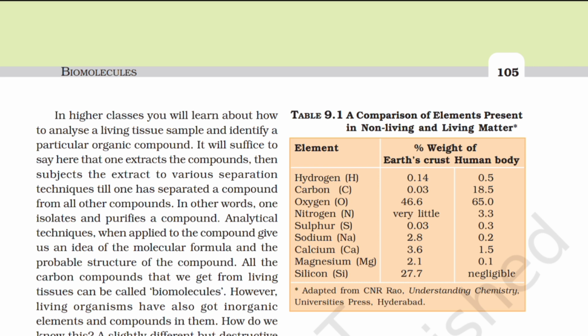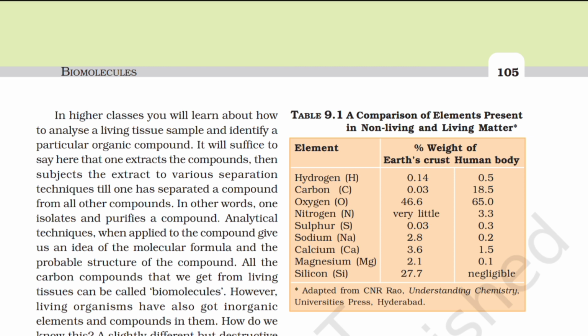Carbon, C: 0.03 in the Earth's crust, 18.5 in human body. Oxygen, O: 46.6 in Earth's crust, 65 in human body.